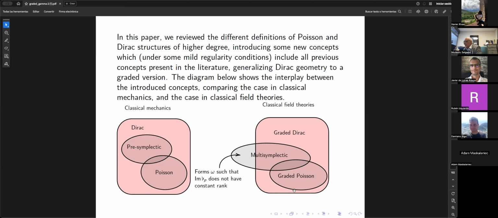Sometimes I make jokes about people saying, "No, the idea is clear, the proof has to be easy." No, the proof is not easy. You can ask Ruben if the proofs are easy or not. I have even been a referee for papers saying, "Well, we have done this for mechanics, for field theory it is exactly the same," the same idea, so it goes straightforwardly.